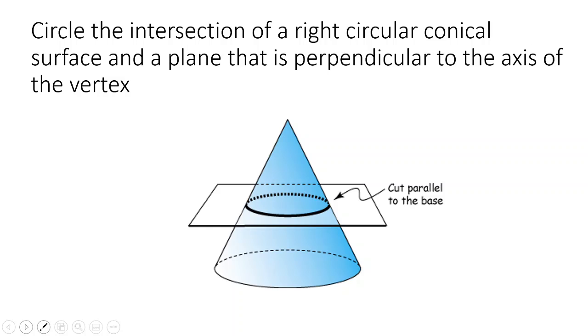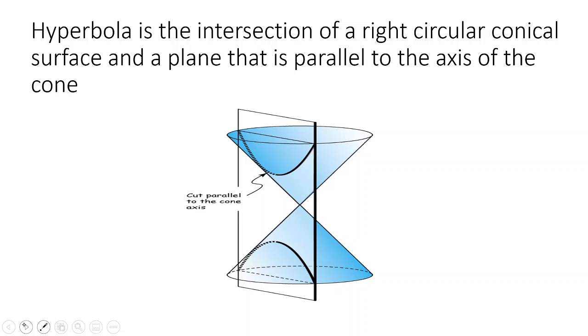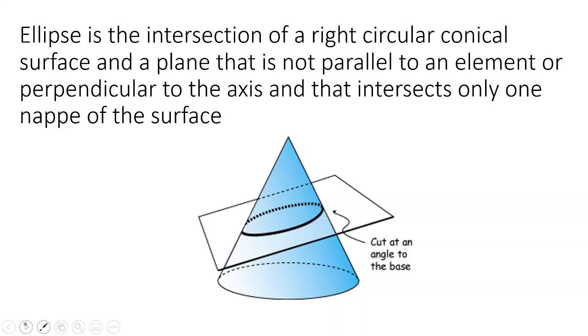I've always said it's like if you take a cone and slice it through, what you would have left is the circle. There's the hyperbola, which passes through both cones. And there's the ellipse, which is very similar to the circle, except you can see here it's not perpendicular to the axis, but it still passes through the nappe of the cone.